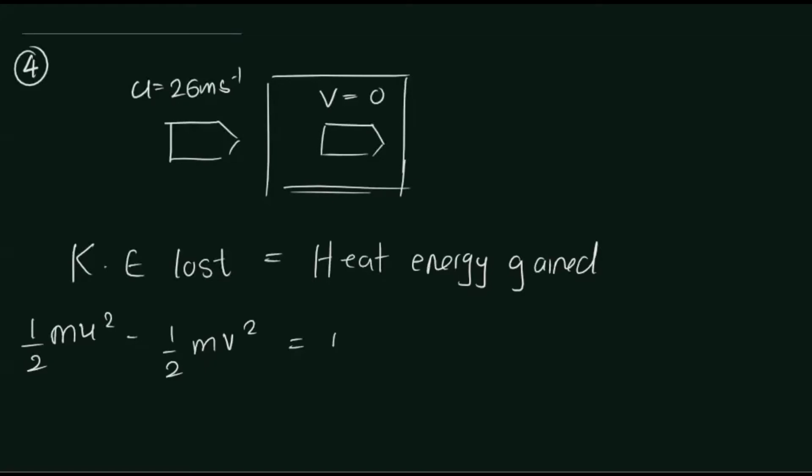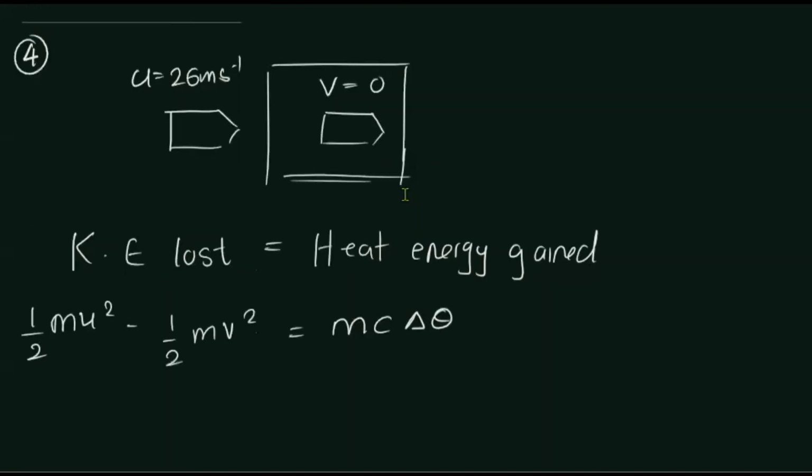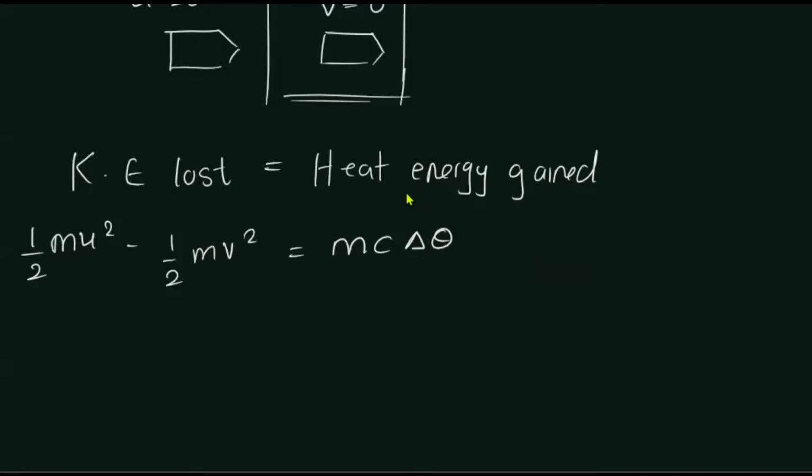Heat energy gained is written as m c delta theta, where delta theta is how much the temperature of the bullet increased. The final kinetic energy is zero, because finally it's going to come to rest. So half m u squared is equal to m c delta theta.